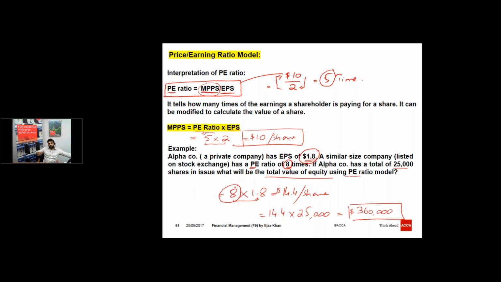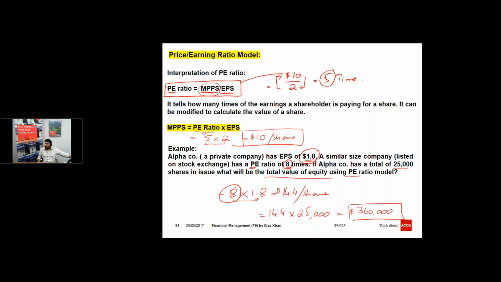A listed company is on the stock market. You already have a share price at which people are willing to buy. So if you buy it at that price, you will be sure that this is the price that everybody is willing to pay. But an unlisted company will have no market price. And if you buy it at the same price as the listed company, you will never know whether you will be able to sell it at the same price, because it has no market.